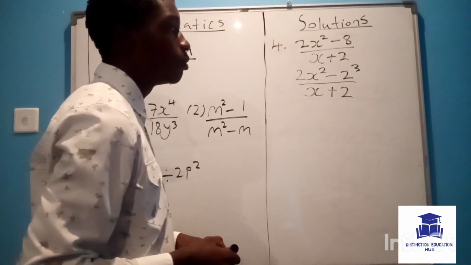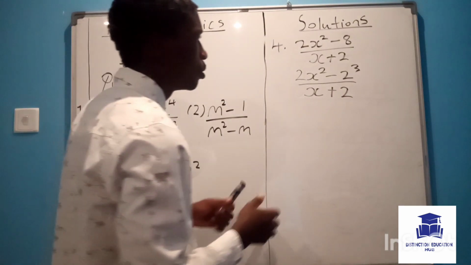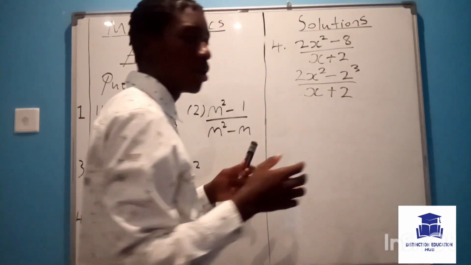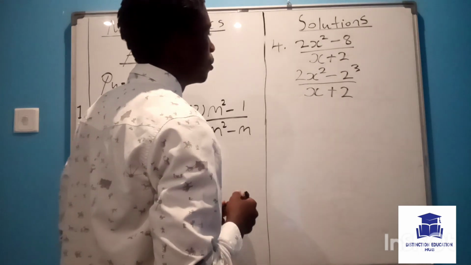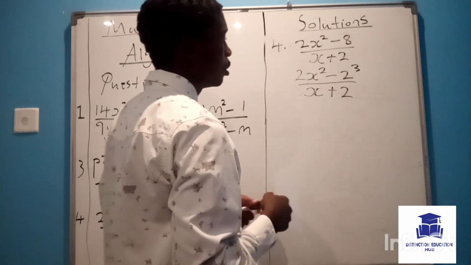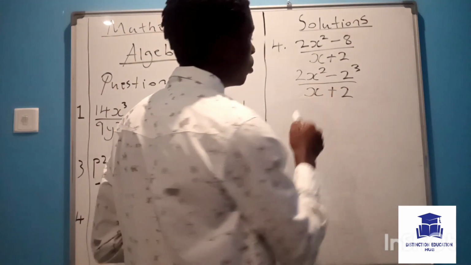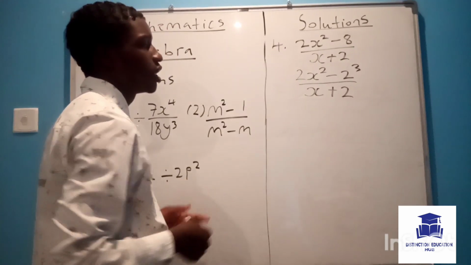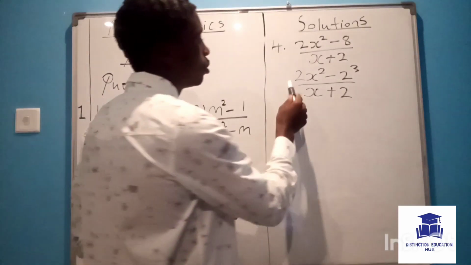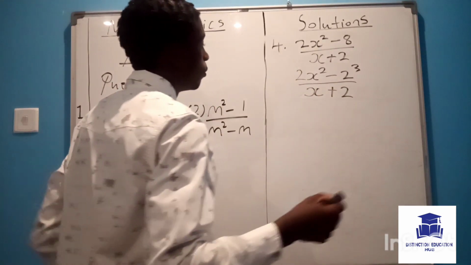So guys, you have to be open-minded. When you're given expressions like this, try by all means to make them simpler by what I just did. Then after you do that, you look at the expression on top. Which number is common or which variable is common? In this case, we have a common number. 2 is common. So you factorize.